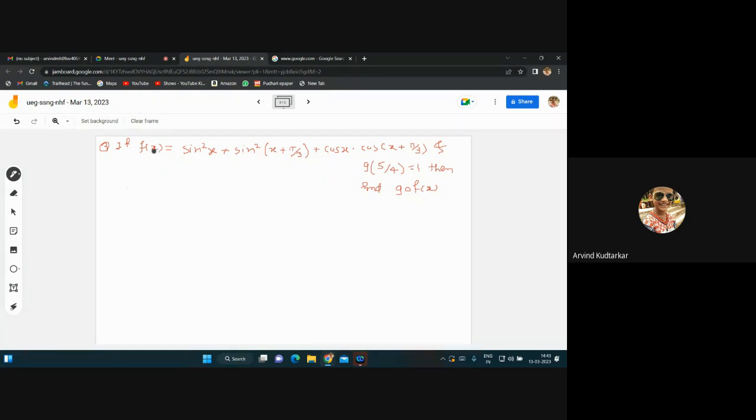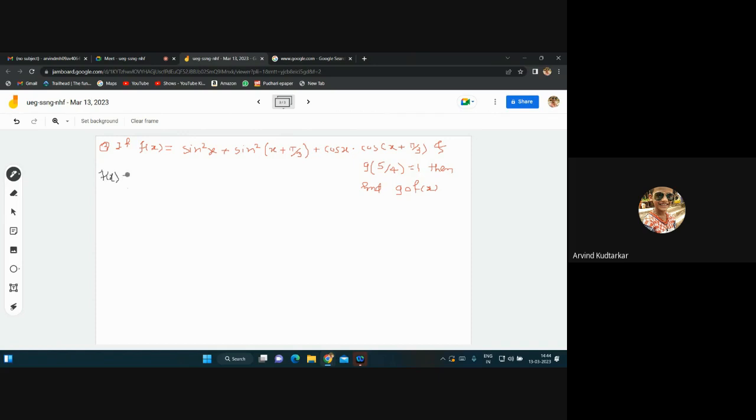So first you have to simplify f of x and find the resulting value of f of x. You have to expand sine square of x plus pi by 3. Sine square of x plus pi by 3 means sine of x plus pi by 3 whole square.